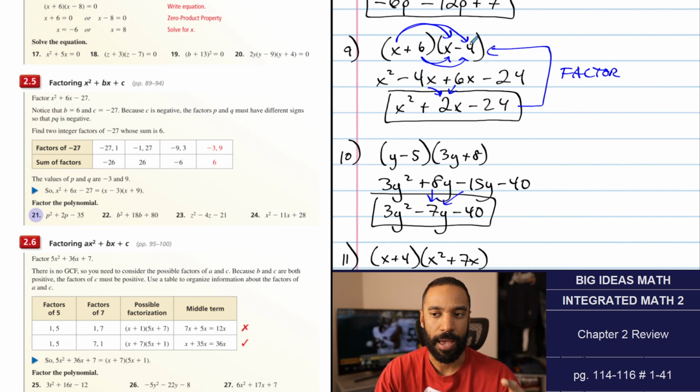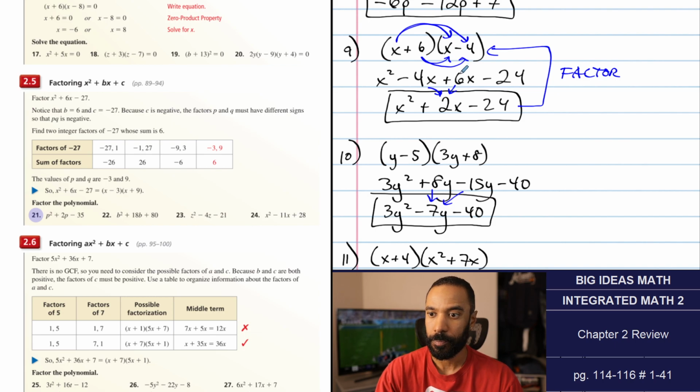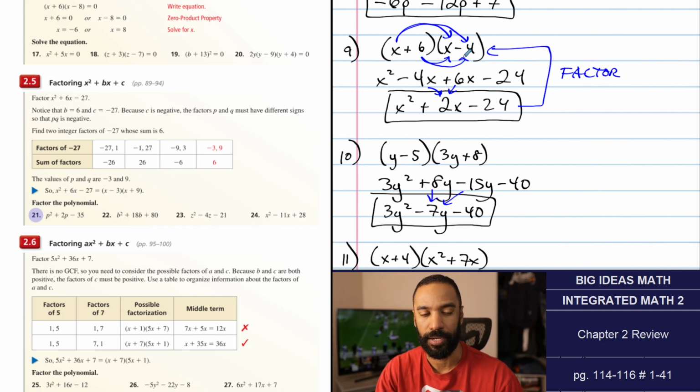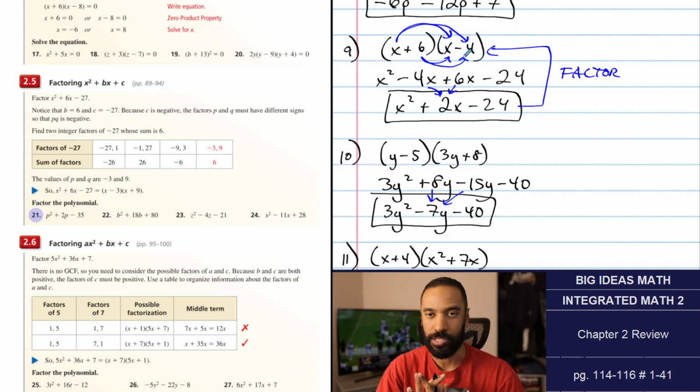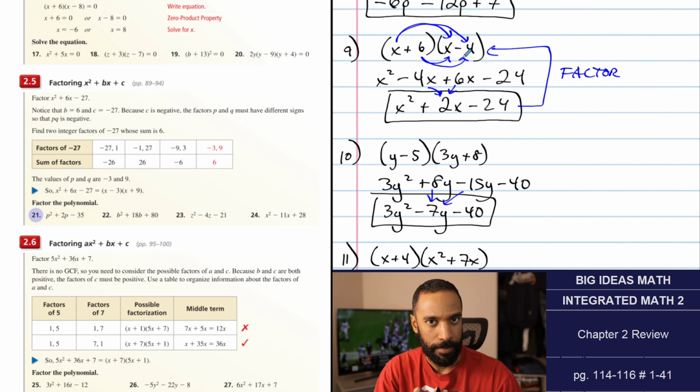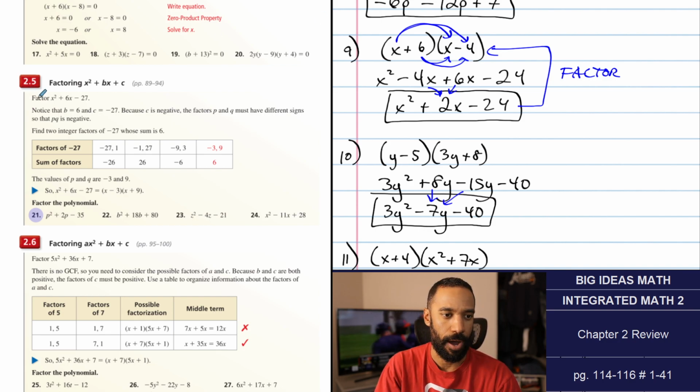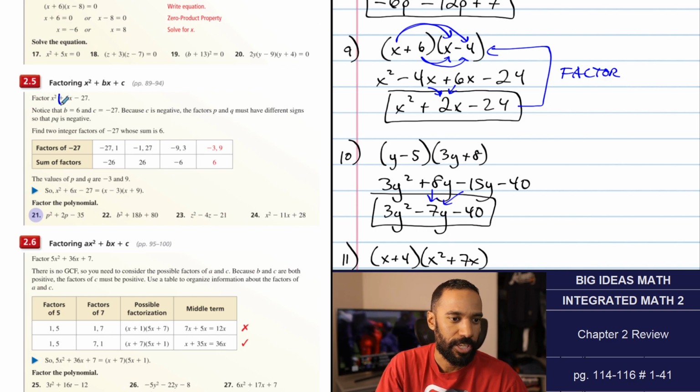Now, those 2 terms happen to be the same 2 numbers that appear in the factorization. You notice negative 4 here. You notice 6 here. Not only that, those 2 numbers obviously multiply to the final term because in FOIL, it's the 2 last terms multiplied. The whole case that I'm making is that we're going to play a little guess and check game with the numbers in our problem, such as this positive 6 and this negative 27.